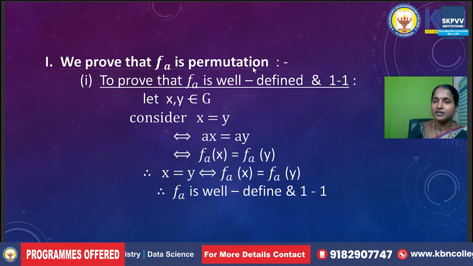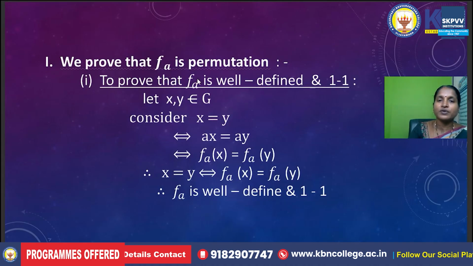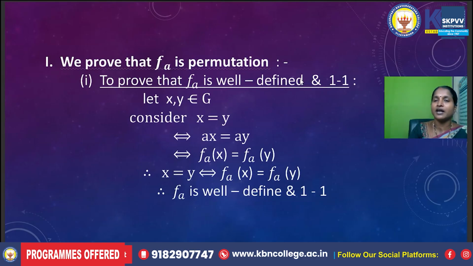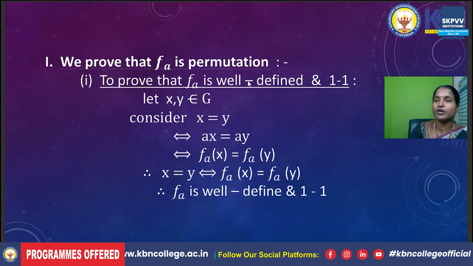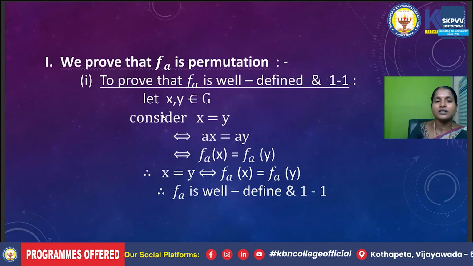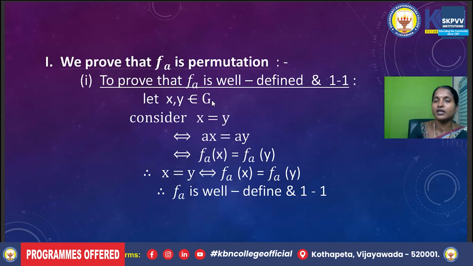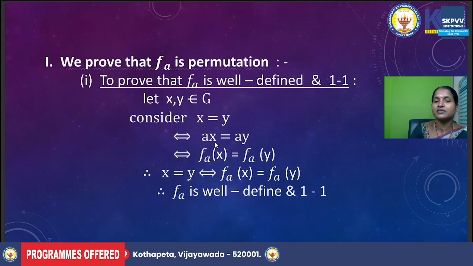Permutation means we prove that it is well defined, 1-1 and onto. First we prove that it is well defined. Well defined means if x1 is equal to x2, then f(x1) is equal to f(x2). Let x, y belong to G, two elements. Consider x is equal to y. Multiplying both sides by a, ax is equal to ay.